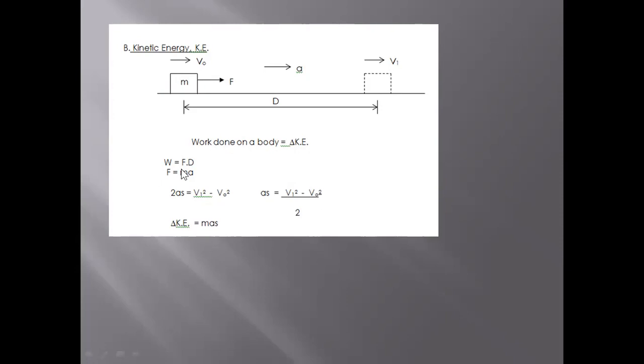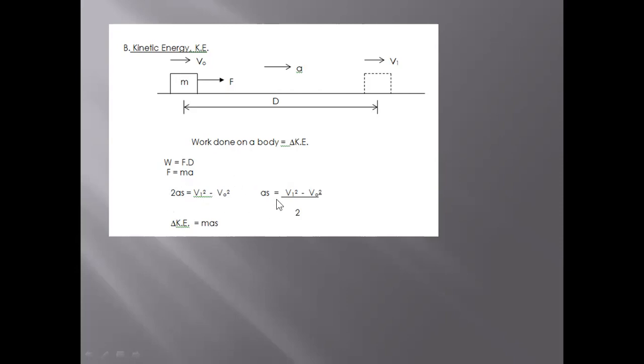Now, work is equal to force times distance. We're going to expand your force, that is, force would be equal to mass times acceleration. And then we have these following quantities here: twice the acceleration multiplied by S, where S denotes the displacement, could be D as well. So it is equal to your final velocity squared minus initial velocity squared.